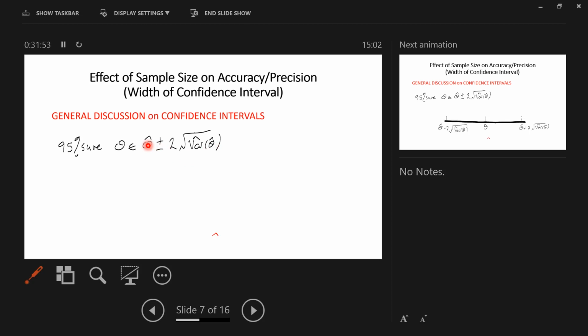It just anchors it. Whether these points are far away from each other, the lengths will be the same, because it's the same formula, just one time you're adding it and one time you're subtracting it. Your theta hat can never affect the length of a confidence interval. Do you agree?